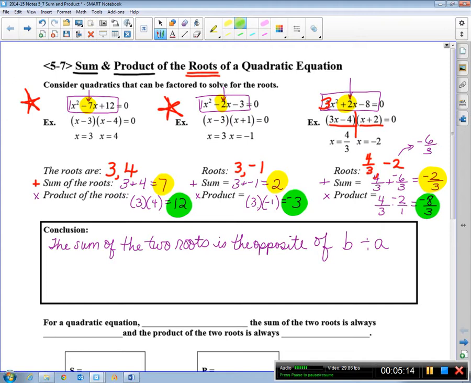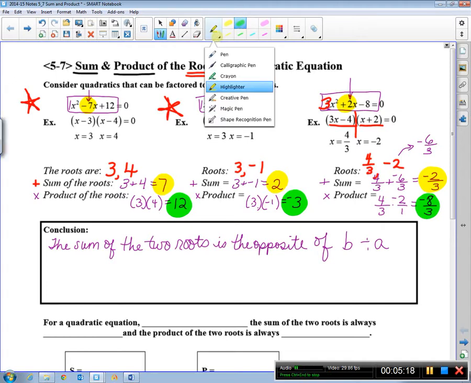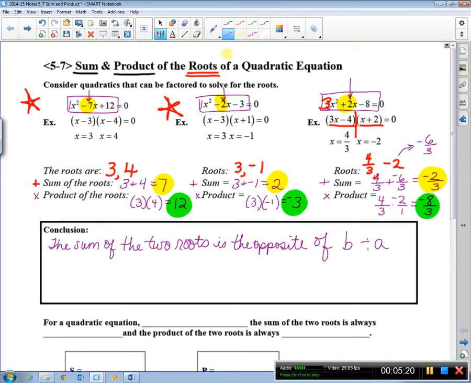Do you see a -8/3 in that quadratic? Well, not directly, but this 12 matches the product. This -3 matches the product. And this -8 over this 3 matches the product.